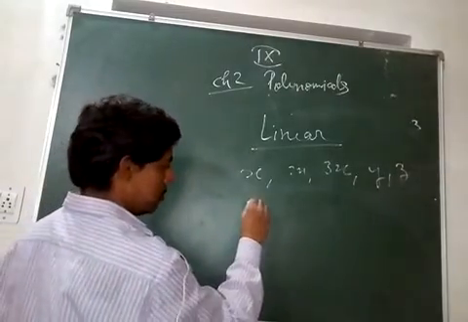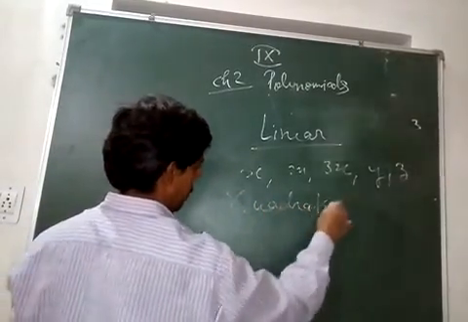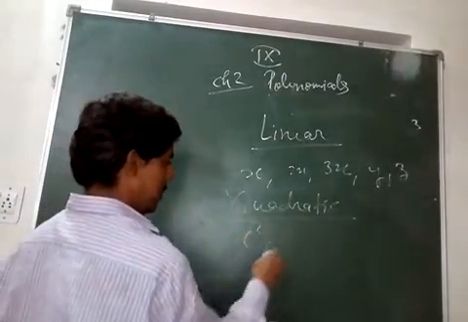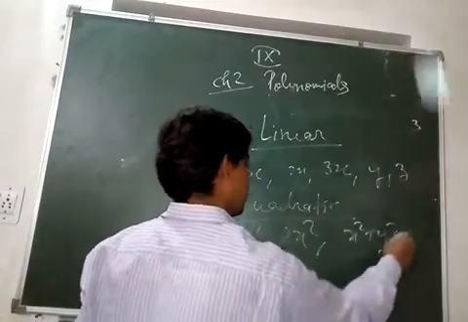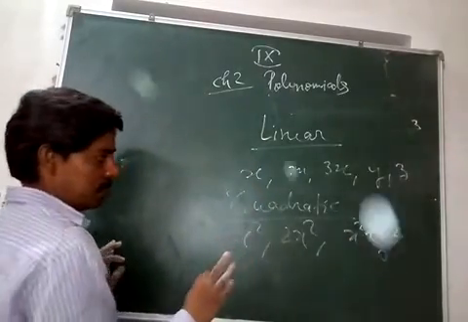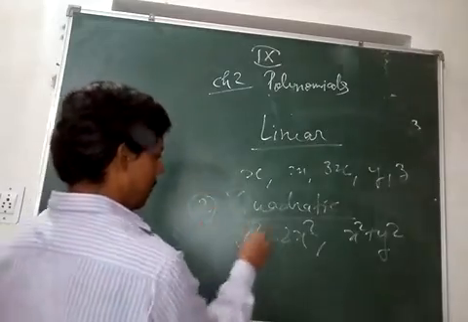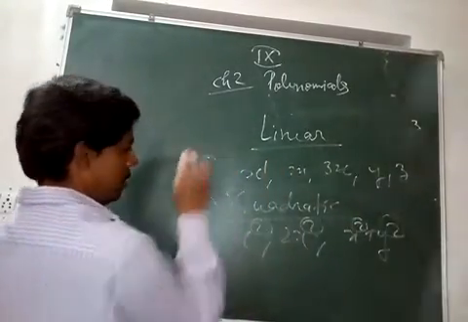If the power is 2, then it is called a quadratic polynomial. You write x square, 2x square, x square plus y square. These are all power 2, so these are quadratic polynomials. Here the power is 1 of the variable.